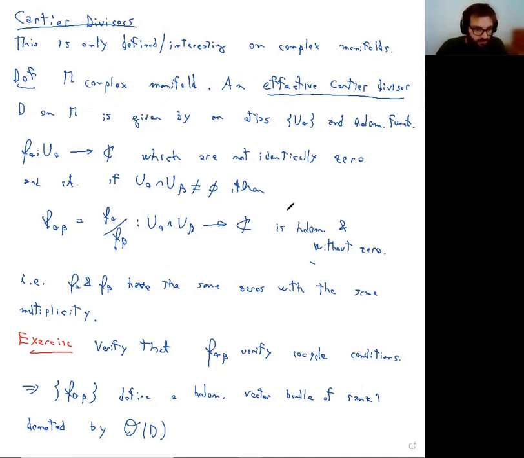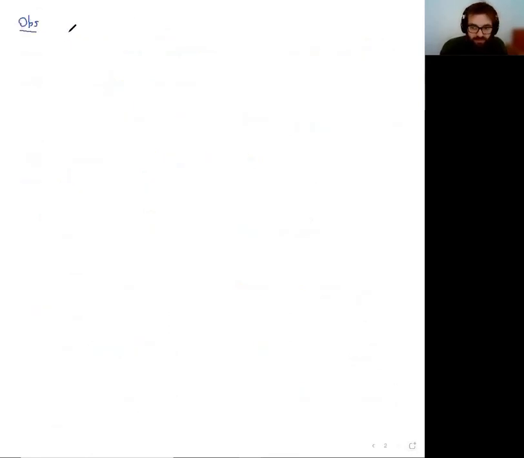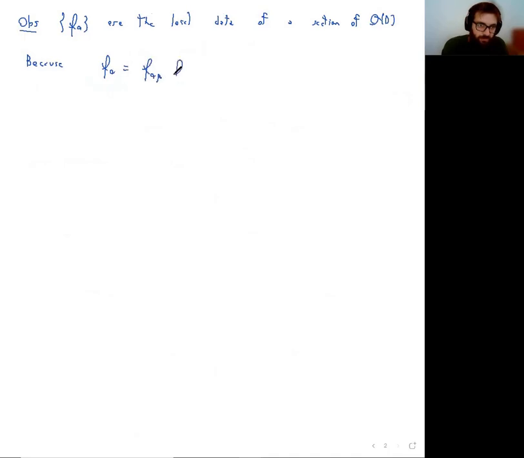Okay. And furthermore, this is a bundle, and these f alpha are the local data of a section of O D. Because remember, we said that something is a section if you have that f alpha is equal to f alpha beta times f beta, but this is true because this is nothing but f alpha divided by f beta times f beta.